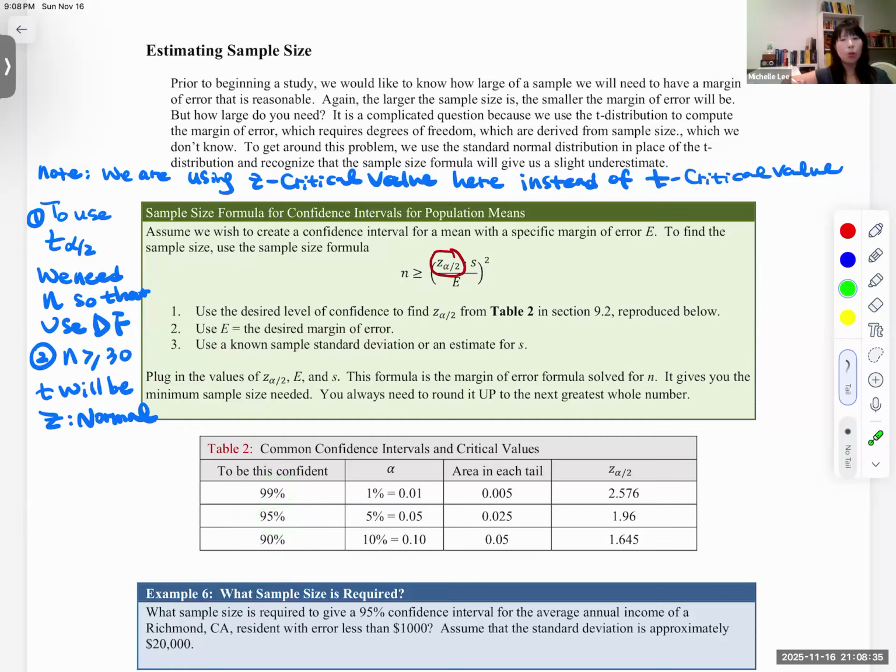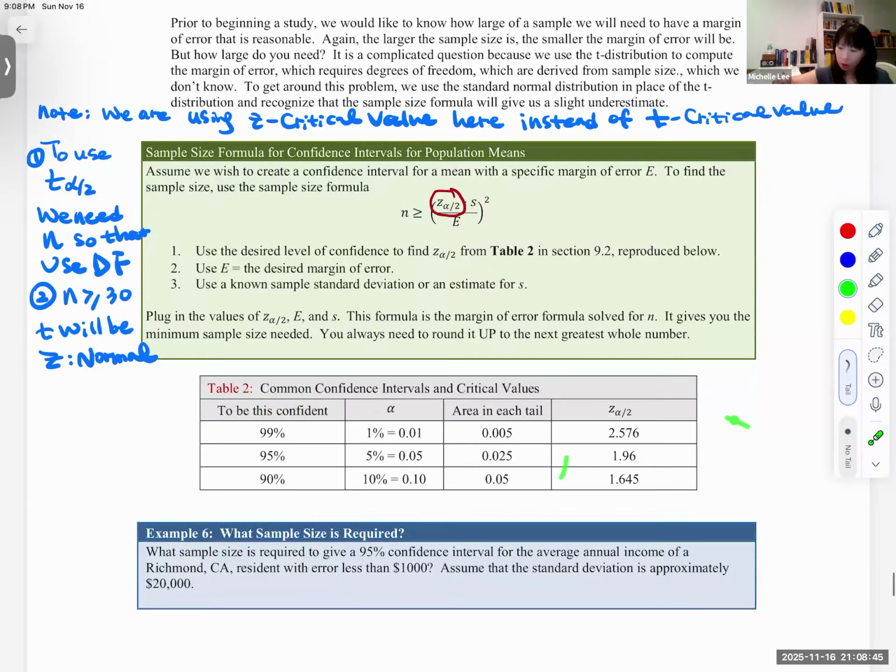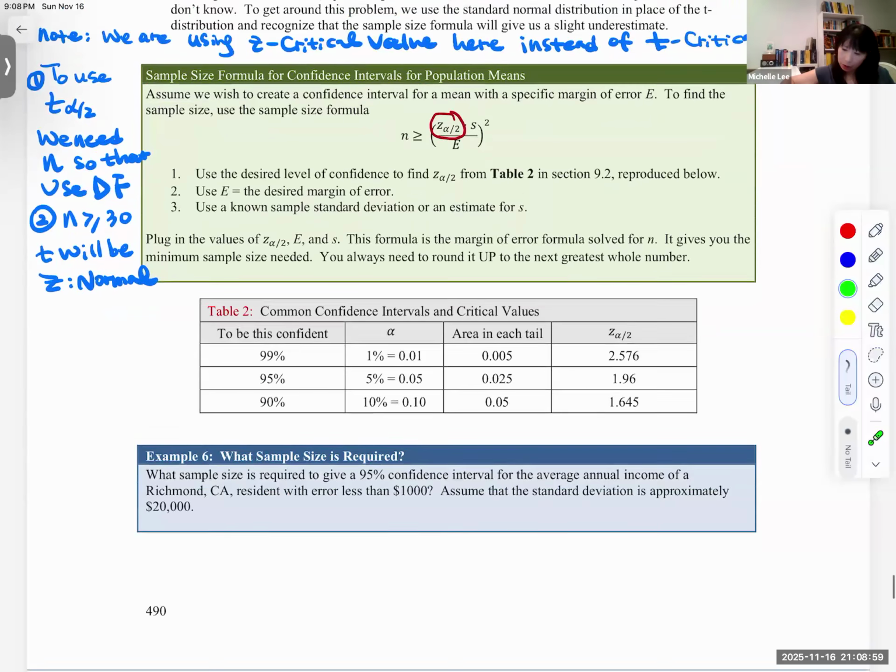But we know how to find the 91%, 92%, 93%, and so on. We can use the area of right tail or between, using these numbers in the area, right?